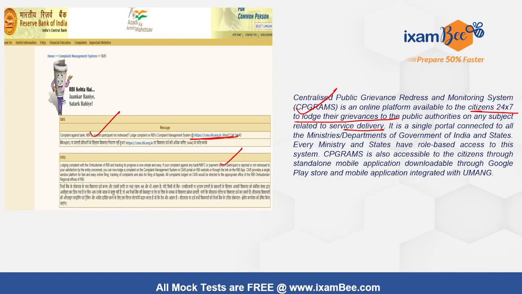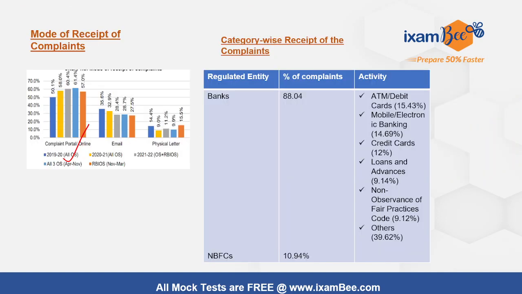In this annual report, regarding these portals, it is stated that the CMS portal is the most efficient mode of complaint registration, and it retains the highest share of complaints received by all these offices of the RBI Integrated Ombudsman Scheme.